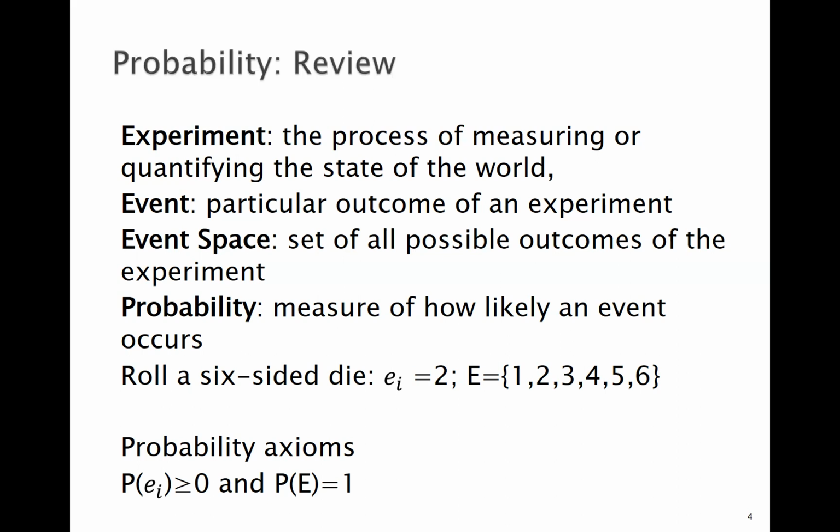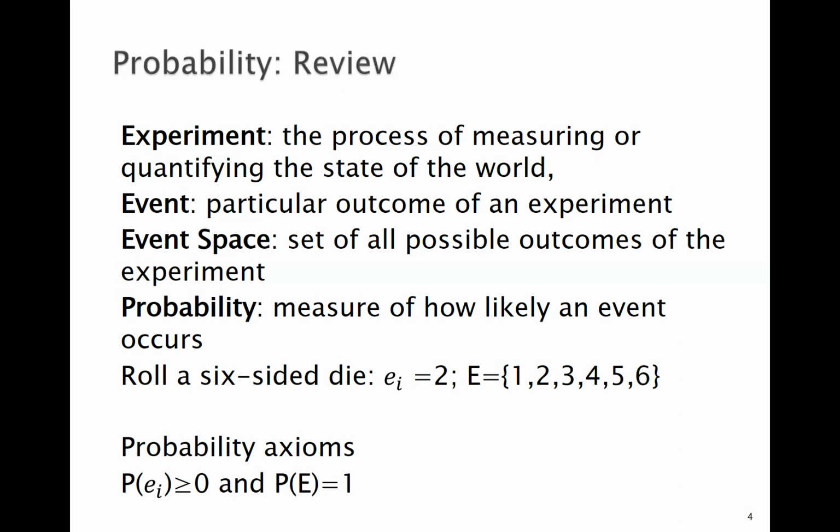From a probability course, I'm sure that you are familiar with six-sided die experiments. When we roll a six-sided die, we might get 1 to 6: 1, 2, 3, 4, 5, 6. So this set forms the event space. The outcome of this experiment should be one of these, and any of these is going to be an event.